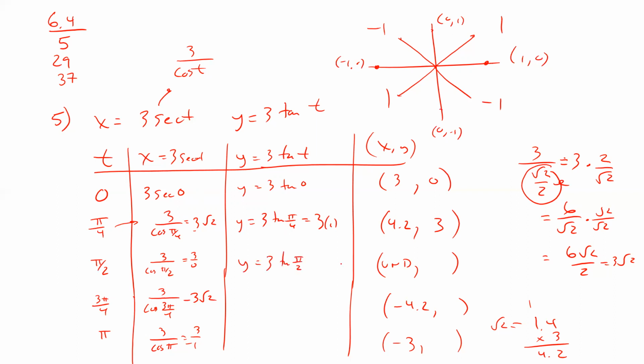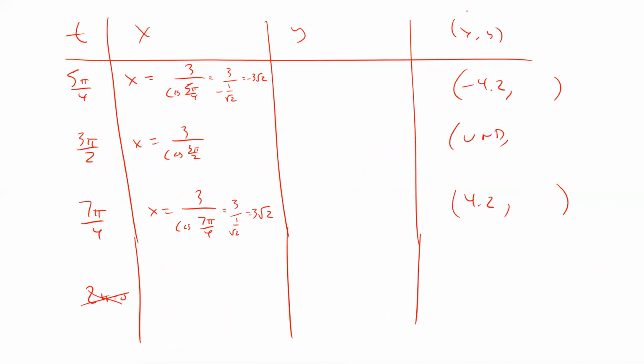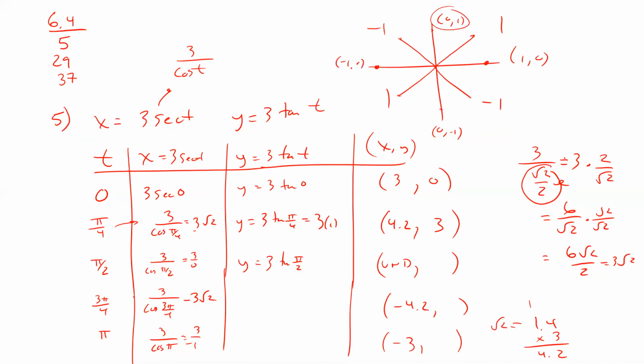Lynn, all yours for 3 tangent of pi over 2. It's going to be sine over cosine, right? Sine over cosine, bummer.